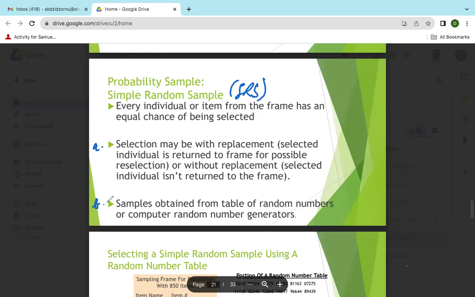Back to the illustration: when we shuffle the population and make our picks, two things can happen. Either when we select a unit, we return it back to the population, or we isolate the unit.